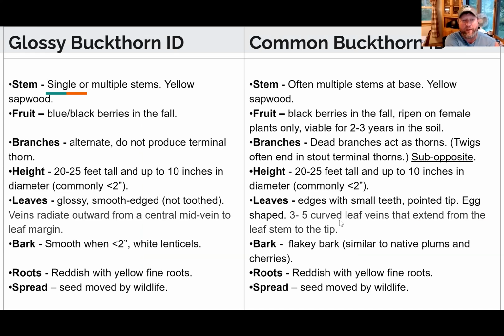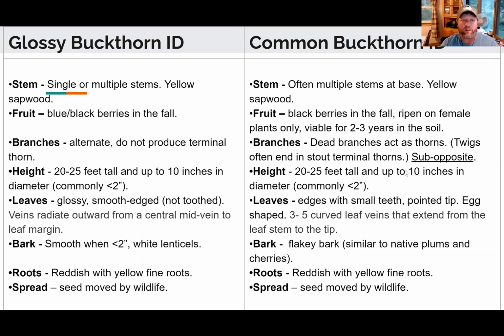So there's a lot of words here, but I did want to compare glossy and common buckthorn. There are similarities, but definite differences. In this part of Windham County, we typically see more glossy buckthorn, but it's important to know common buckthorn as well, because it's just as nasty of an invader. So glossy buckthorn has a single or multiple stems and yellow sapwood, where common buckthorn is often multiple stems, and it too has yellow sapwood.